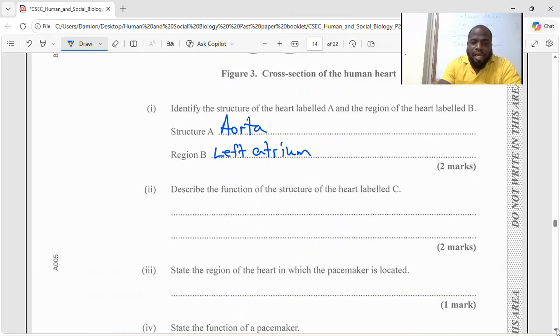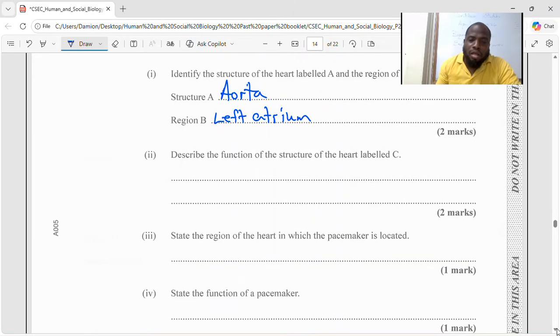It says describe the function of the structure of the heart labeled C. Now C is the bicuspid valve, as we mentioned. And this prevents the backflow of blood.